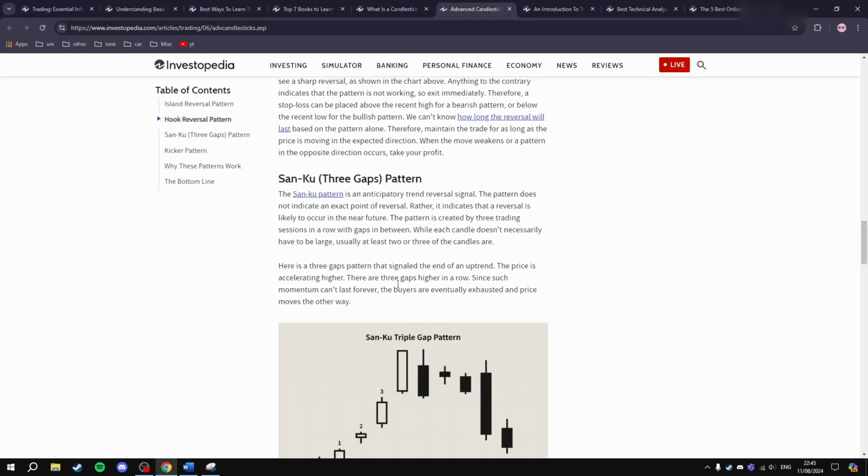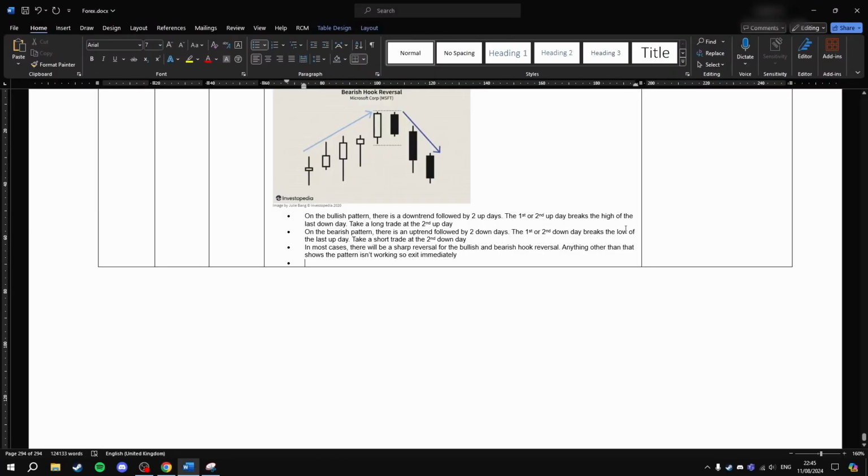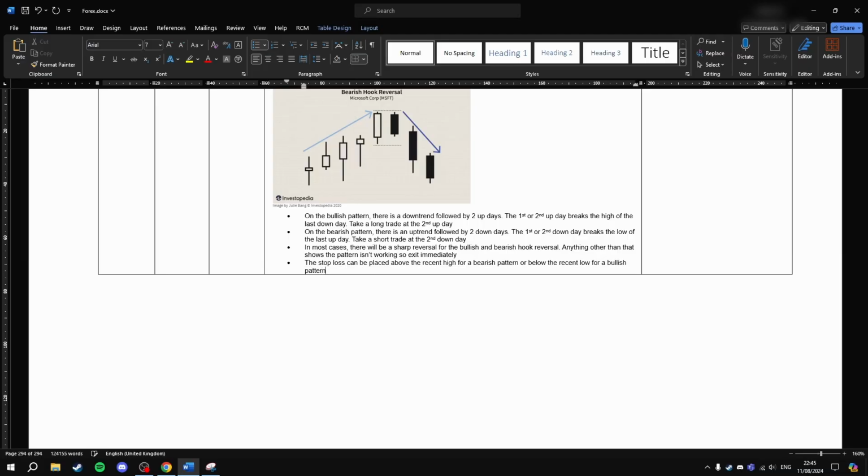Therefore, a stop loss can be placed above the recent high for a bearish pattern or below the recent low for a bullish pattern.